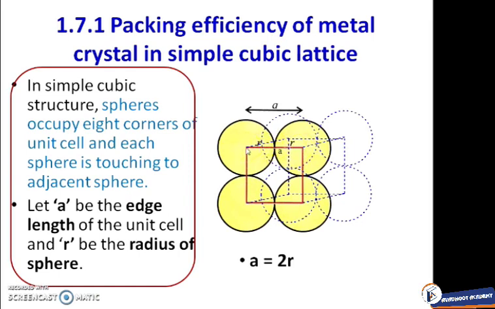Whereas the distance from the center of a sphere up to this is the radius of the sphere. So from this diagram it is clear that a is equal to 2r. So the distance from here to here is a, which is equal to 2r. It means if a is the edge length of the unit cell and r is the radius of the sphere, then a is equal to 2r. This is true for simple cubic lattice.